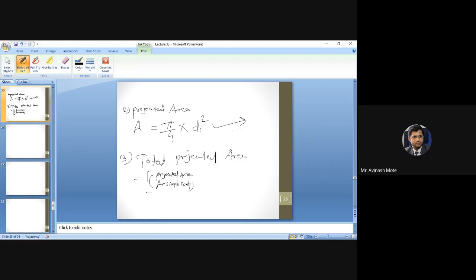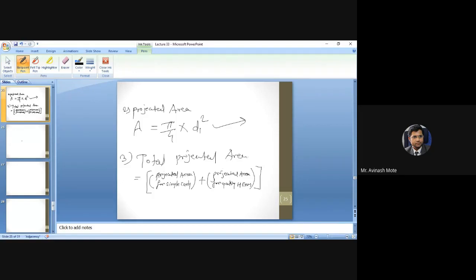This will give the projected area for single cavity: area of single cavity plus area of the gating system connected to that cavity.